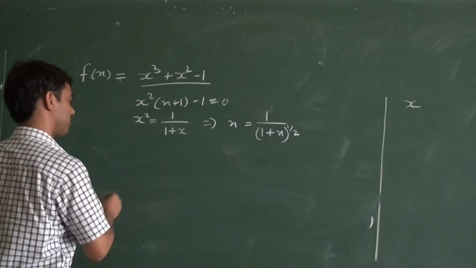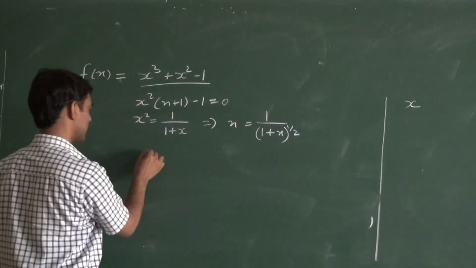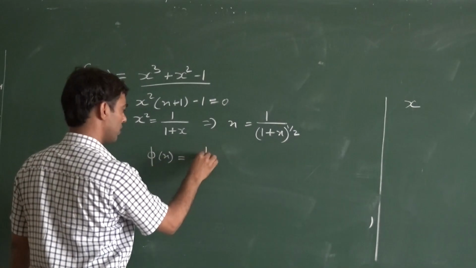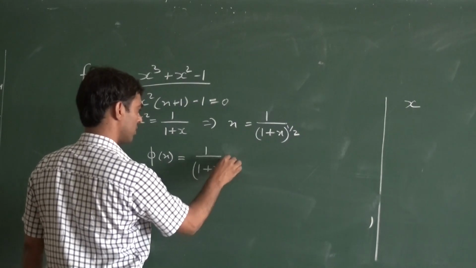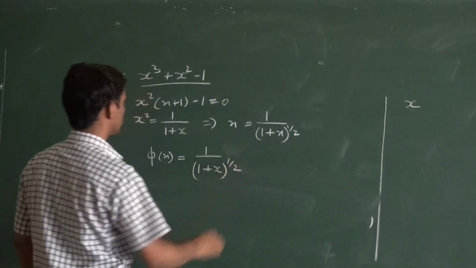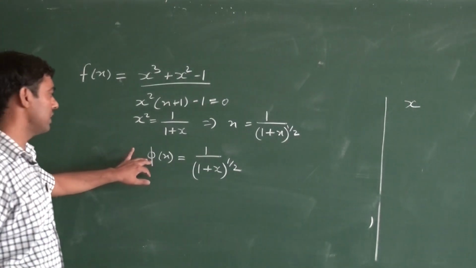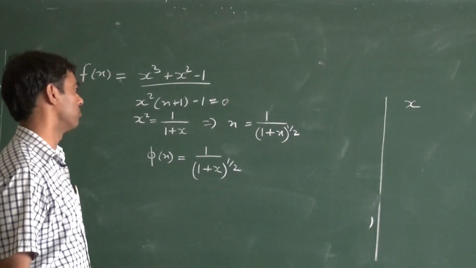Suppose this is phi x. So here phi x is 1 upon 1 plus x to power 1 by 2. There are different forms of phi x. Suppose we choose phi x equal 1 upon 1 plus x to power 1 by 2.